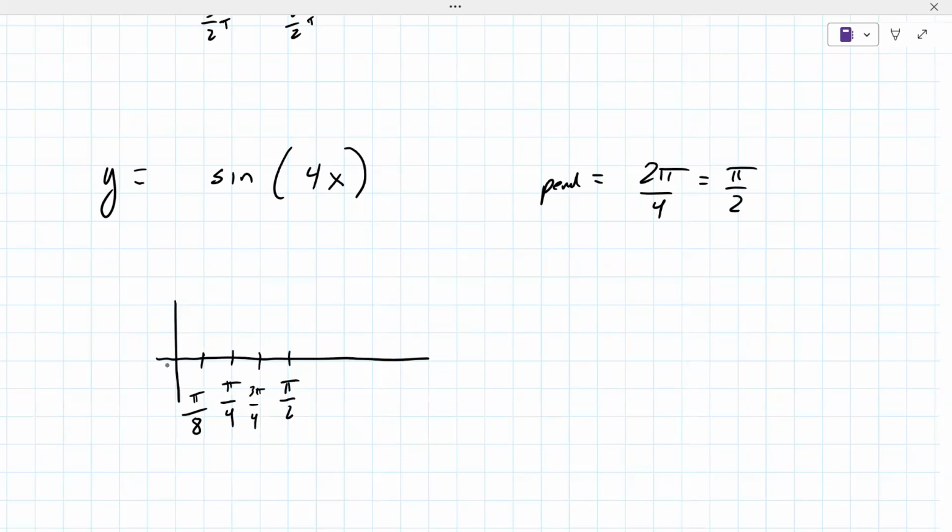Sorry, that's not right. 3 pi over 8. Is that okay?